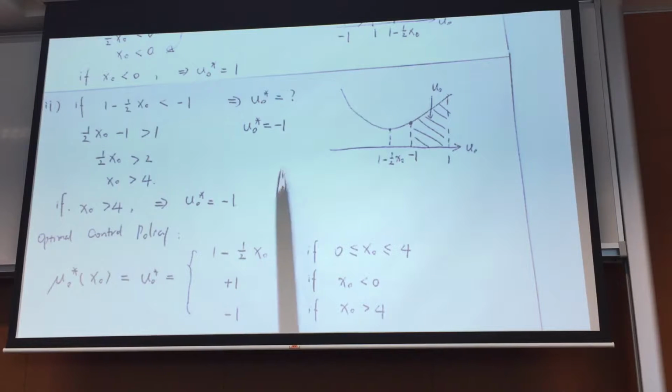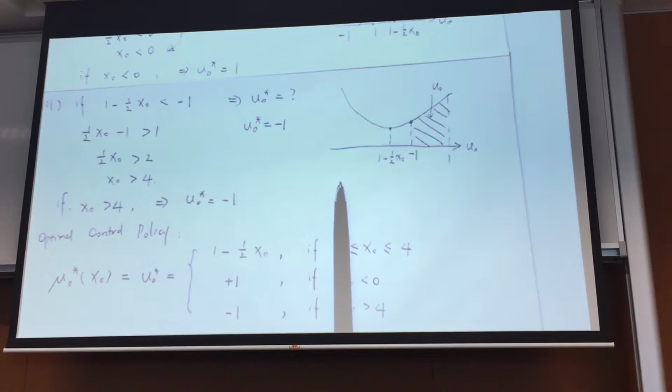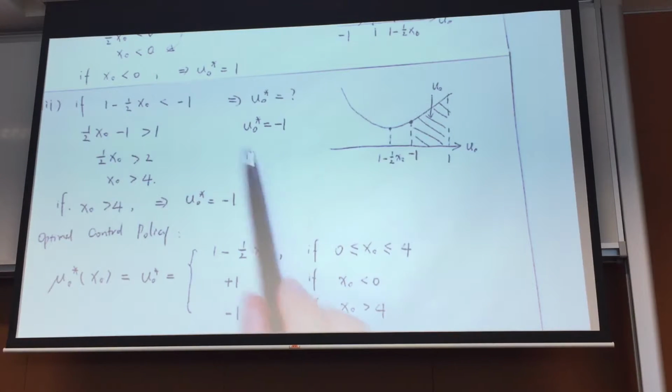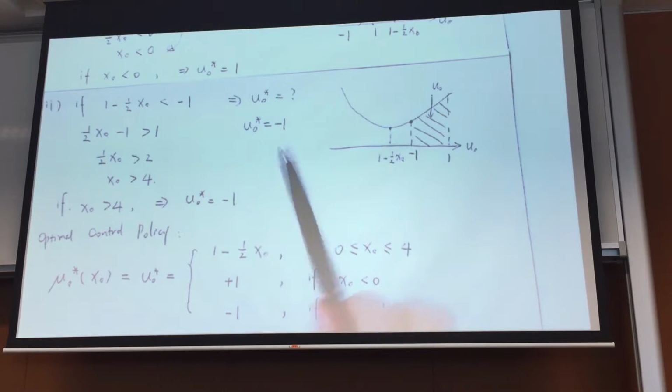If you recall our pendulum problem, in that problem we start from the state of 0, 0, 0. In that case, we calculate a set of solutions to reach the destination.